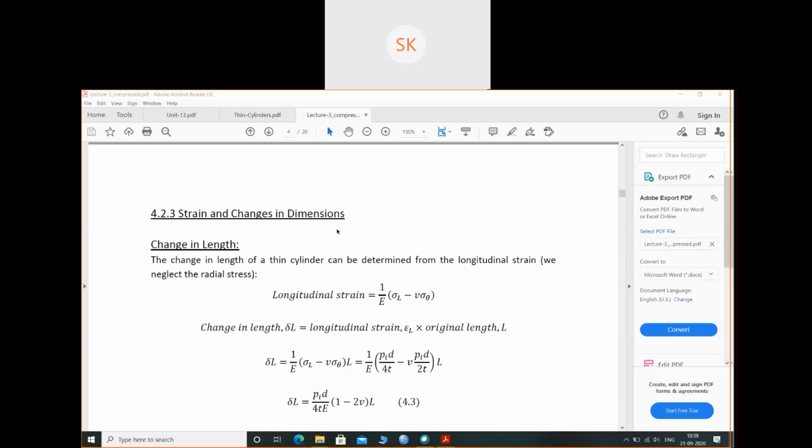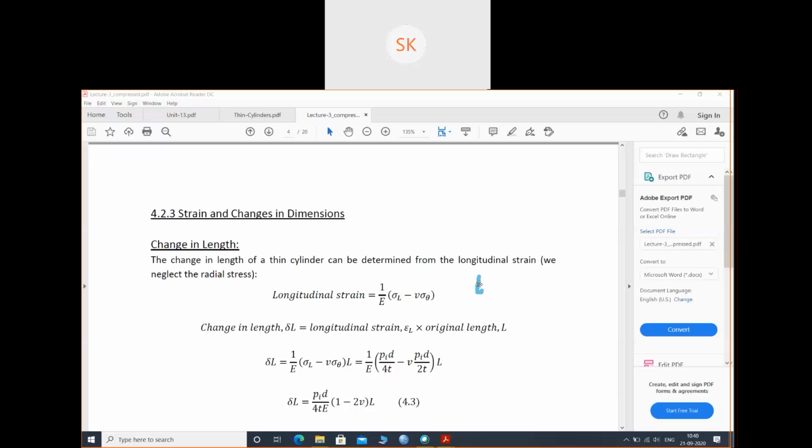The change in length of a thin cylinder can be determined from the longitudinal strain. Just like stress, we have strains also. The longitudinal strain has the formula 1 by E times sigma L, that is longitudinal stress, minus Poisson's ratio mu times the hoop stress.